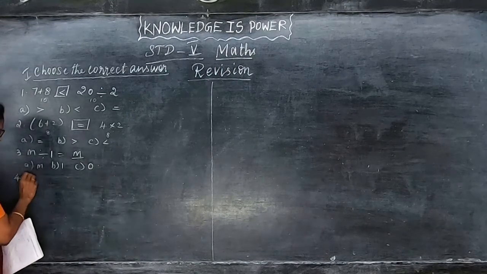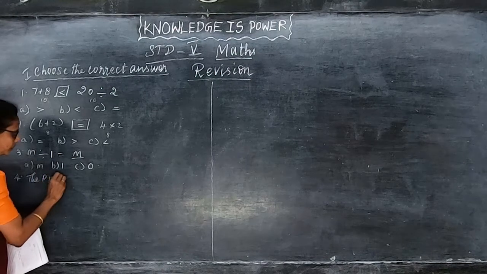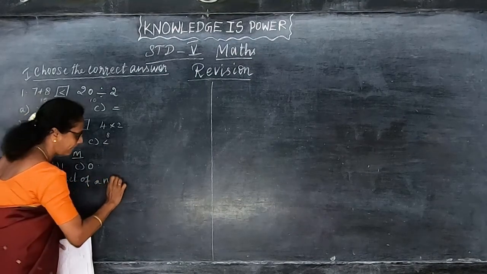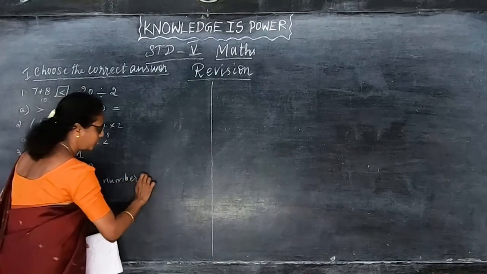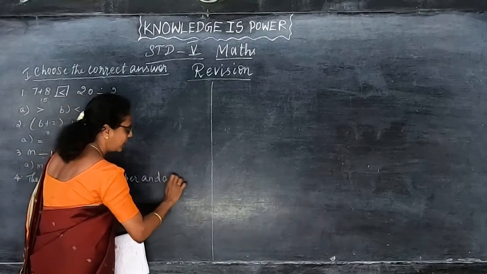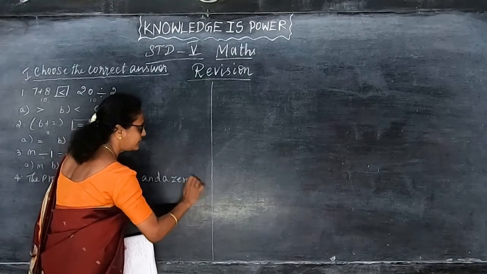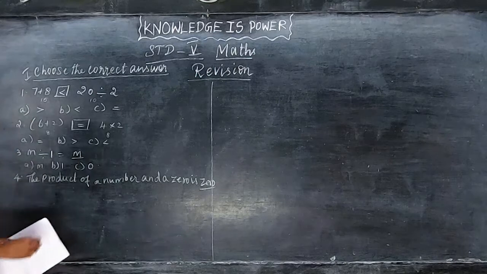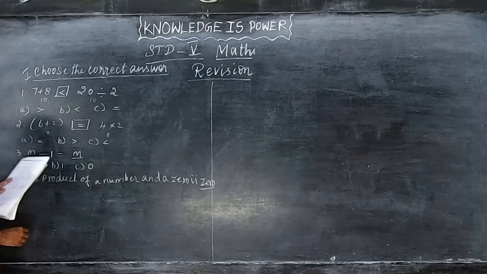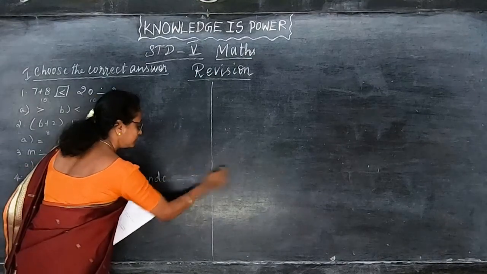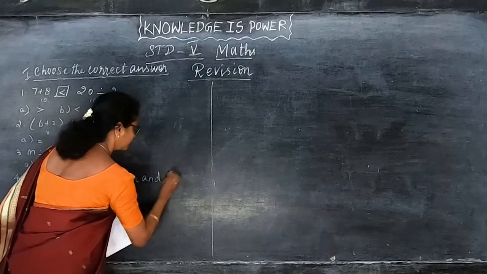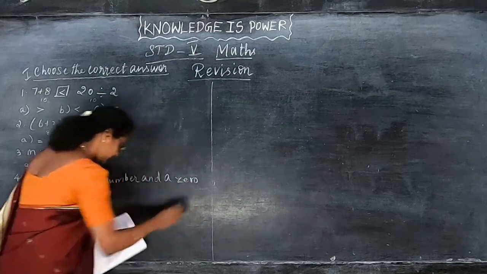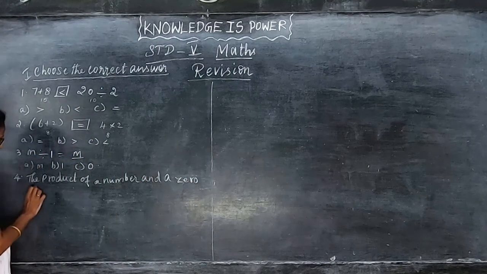Everybody must write. Fourth one, the product of a number and a zero. The product of a number and a zero is 0 only. Product means multiply. So the product of a number and a zero is dash.